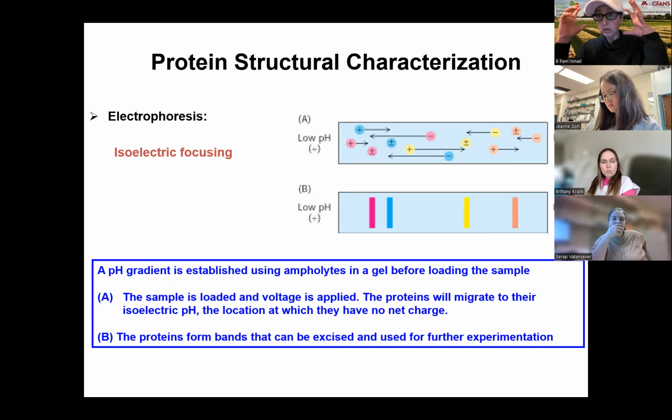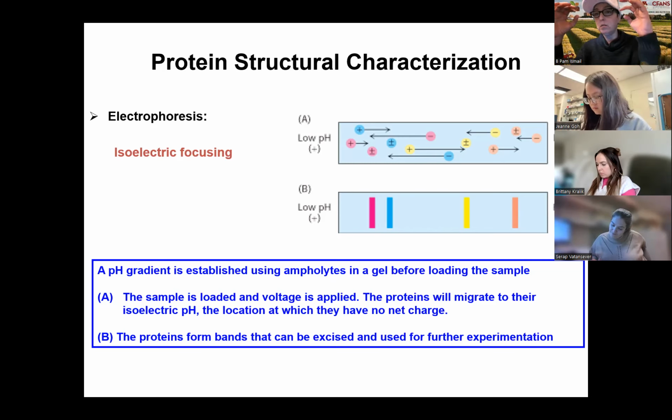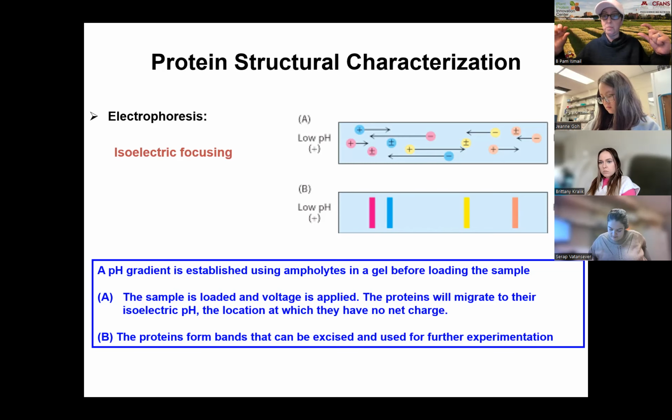And then you run a voltage. So these molecules are going to migrate. We call these ampholytes. So these ampholytes, when you run a voltage, are going to migrate based on their charge, positive or negative, and they will be focused in a certain region along the strip.